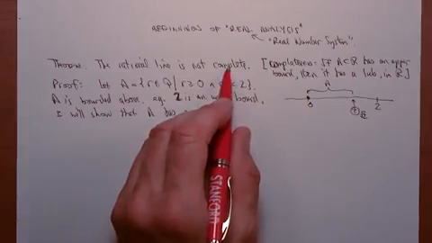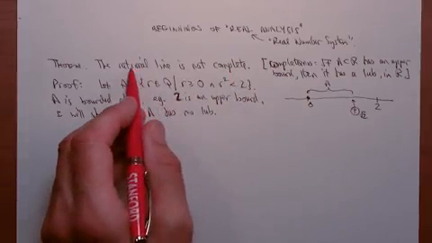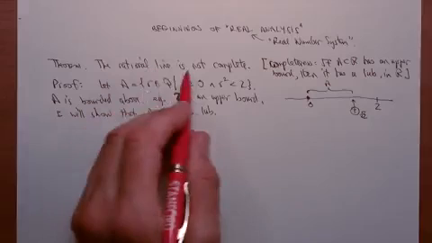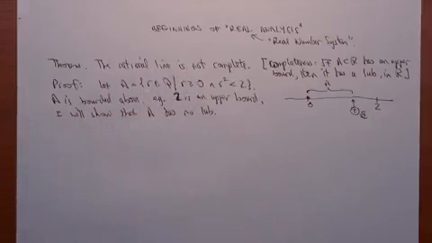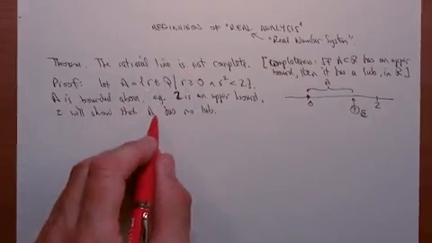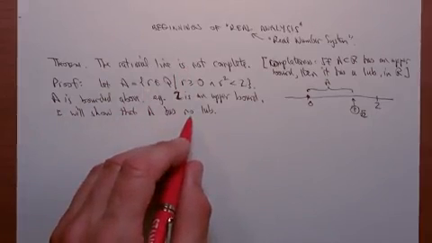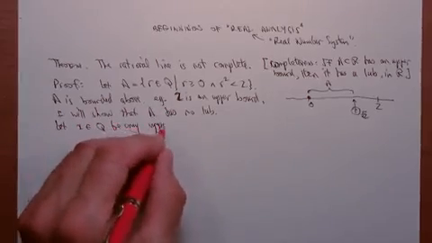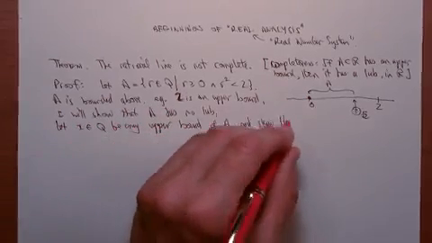Because completeness would say that any set of rationals with an upper bound in the rationals has a least upper bound in the rationals. Well, how would I show that there's no least upper bound? Let x in Q be any upper bound of A and show there's a smaller one.